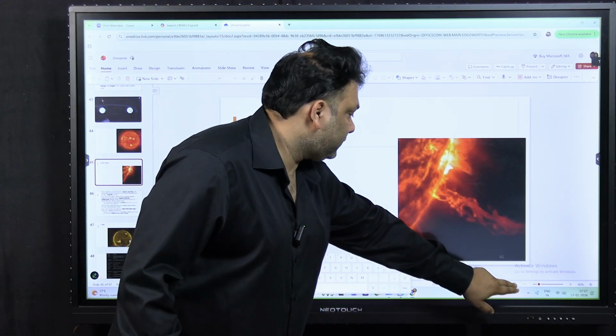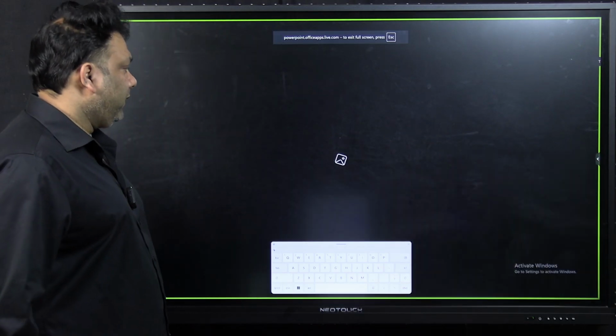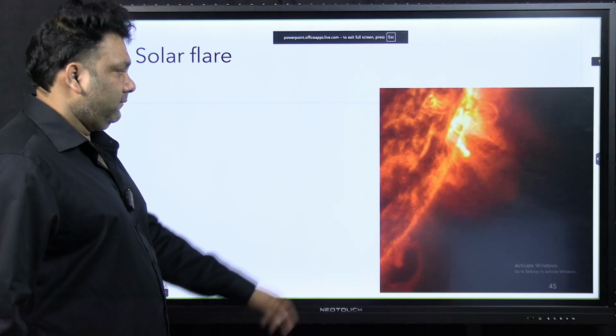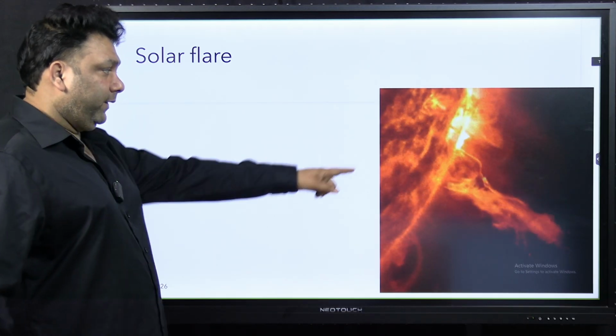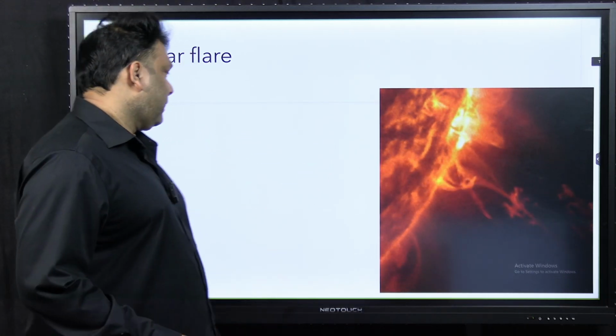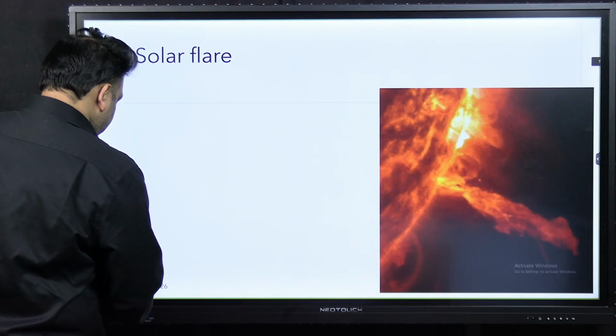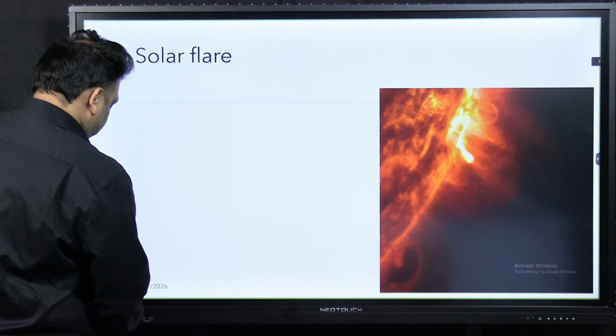Now you are able to get what I am trying to convey. You see such kind of fire coming out of the sun. This is the solar flare.